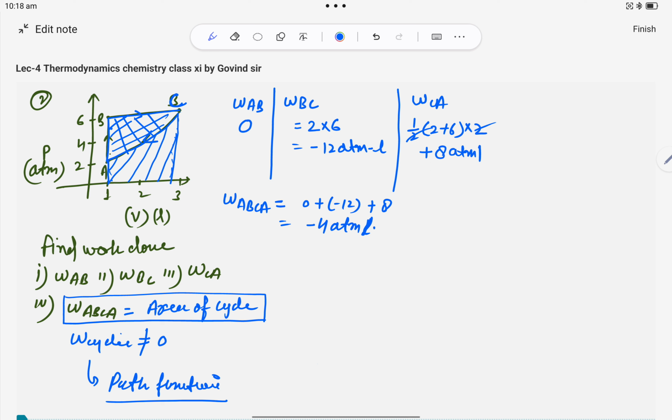Remember always, if clockwise, then W will be negative. If anti-clockwise, then W will be positive. This thing you have to remember.